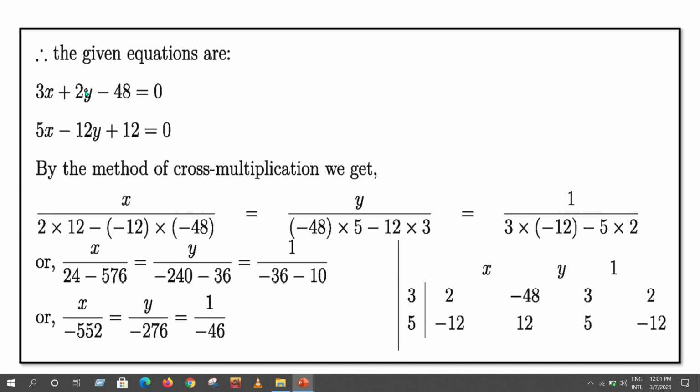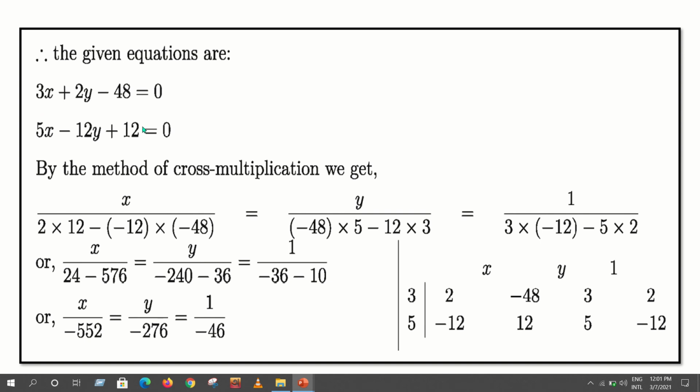That means at first you have to multiply this into this. That means 2 into 12 minus, and here minus 12 into minus 48. Here y divided by, at first you have to take 5 into minus 48 or minus 48 into 5, same, no problem.